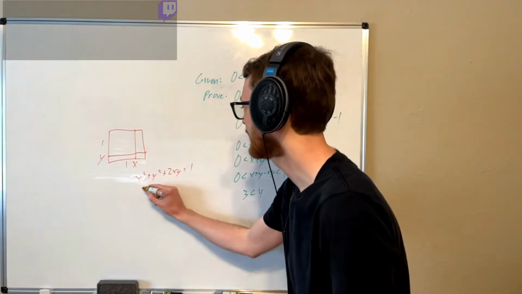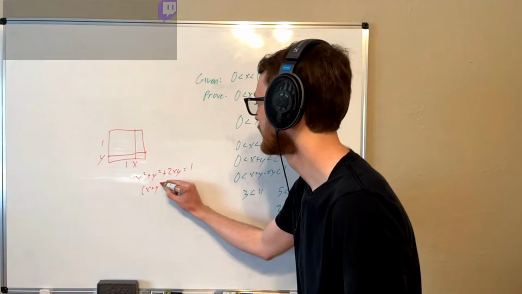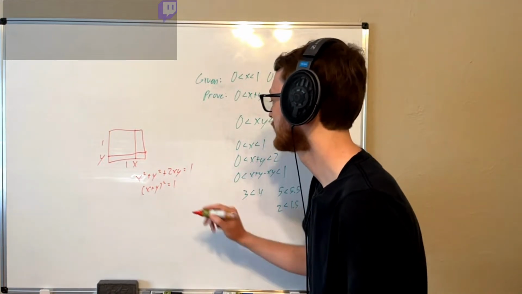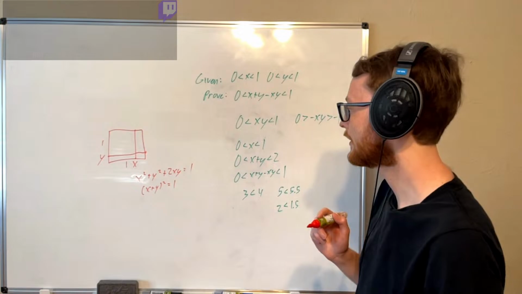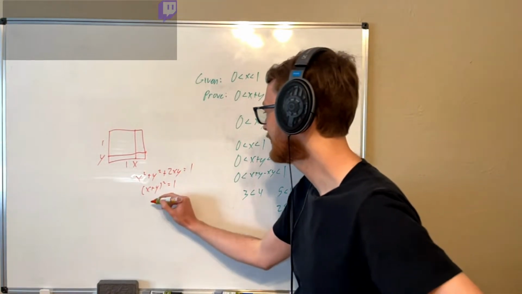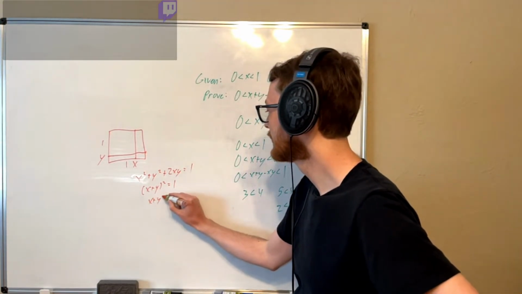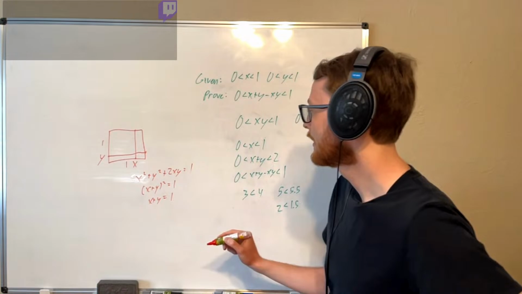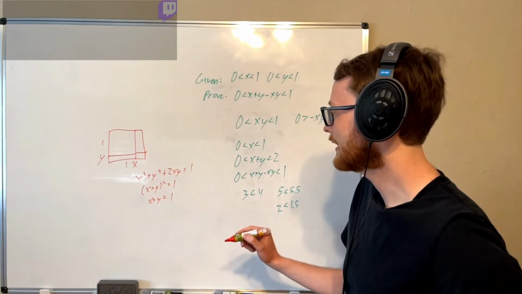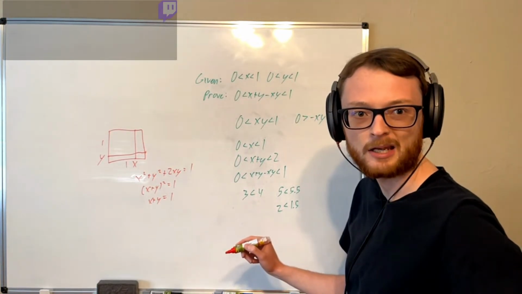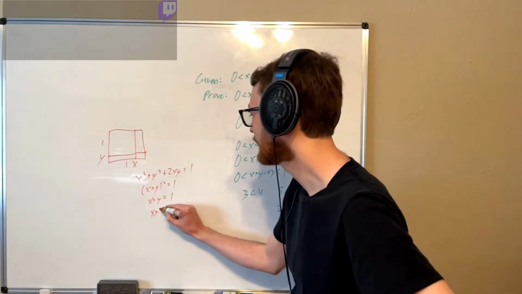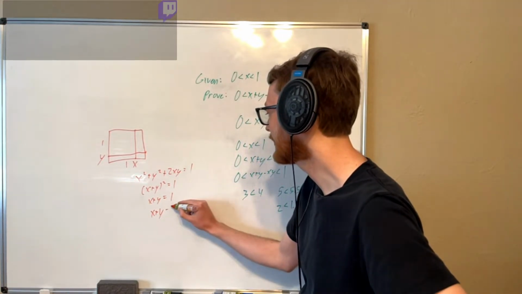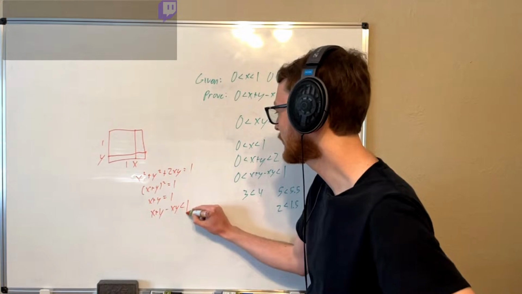That does factor. So, oh, I guess you square root each side. And then now you can do some inequality magic and say that X and Y are positive numbers. So X plus Y minus a positive number is less than 1.